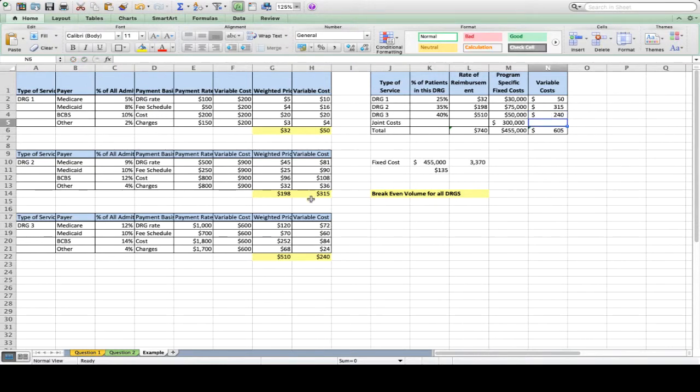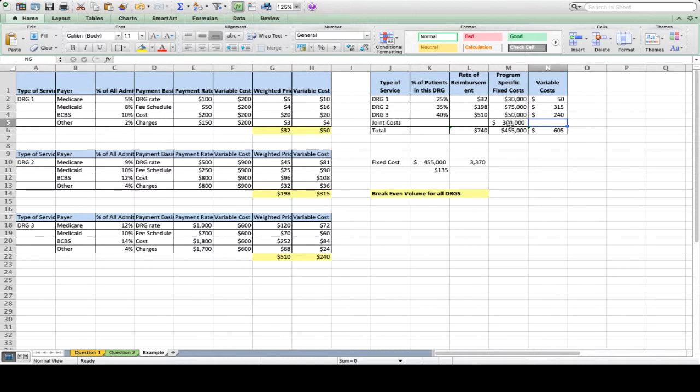So what we did was we just added each of these up, and we're putting these in these spots. Now what we need to do is there are program specific costs, and I outlined those in the scenario. Each DRG has its own fixed cost, and then there was an overall joint cost.